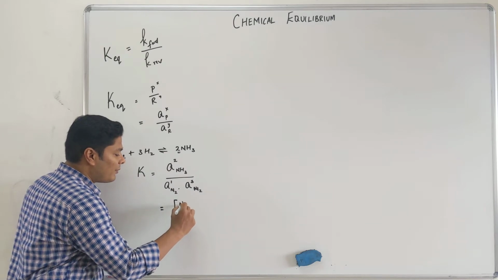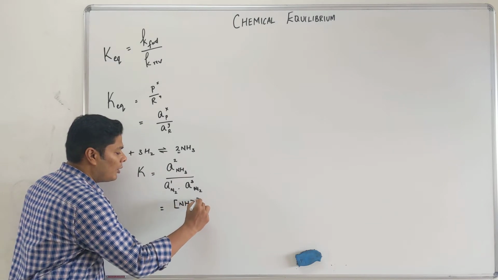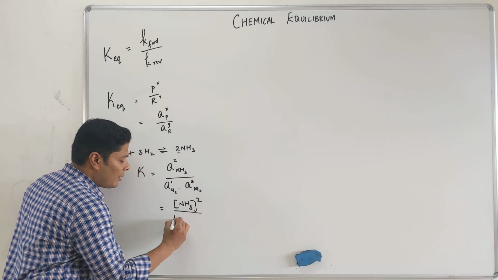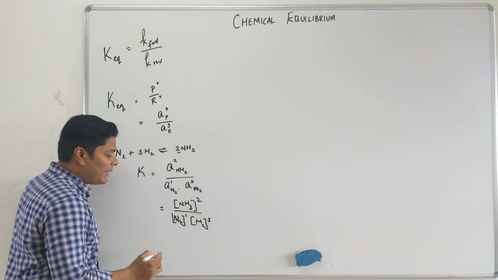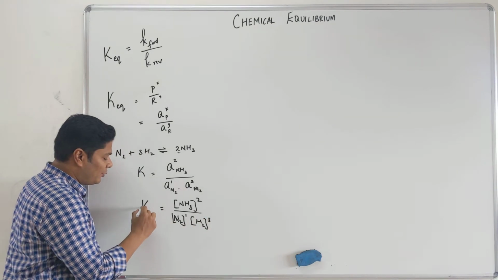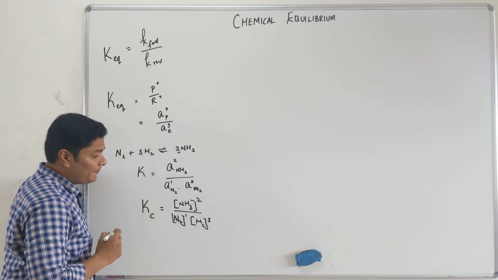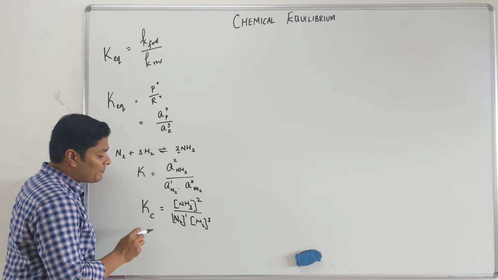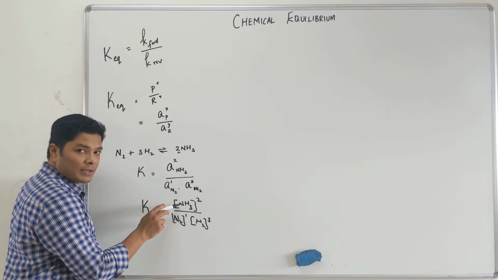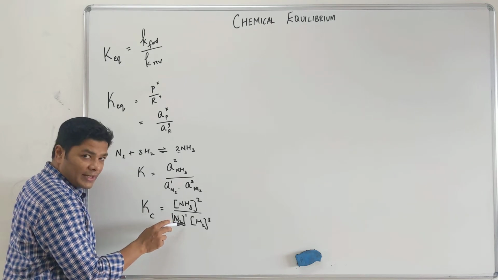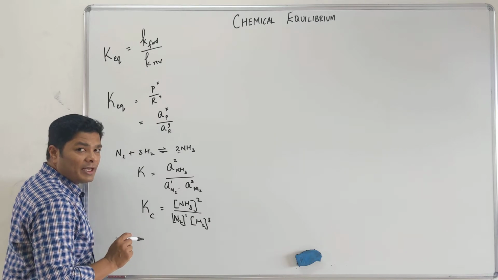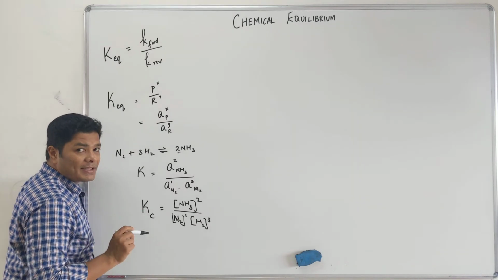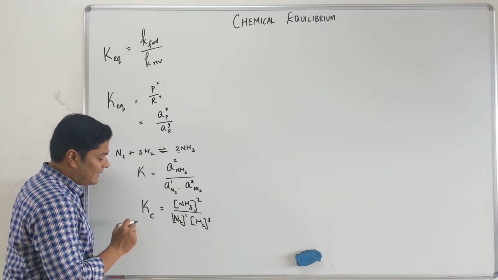So concentration of ammonia to the power 2 divided by concentration of nitrogen to the power 1, concentration of H2 to the power 3. Because I use concentration, I can put a subscript C. So Kc is nothing but the ratio of concentration of products to the concentration of reactants raised to the corresponding coefficient from a balanced chemical equation. So that tells you that you have to balance the equation first. So this is Kc.